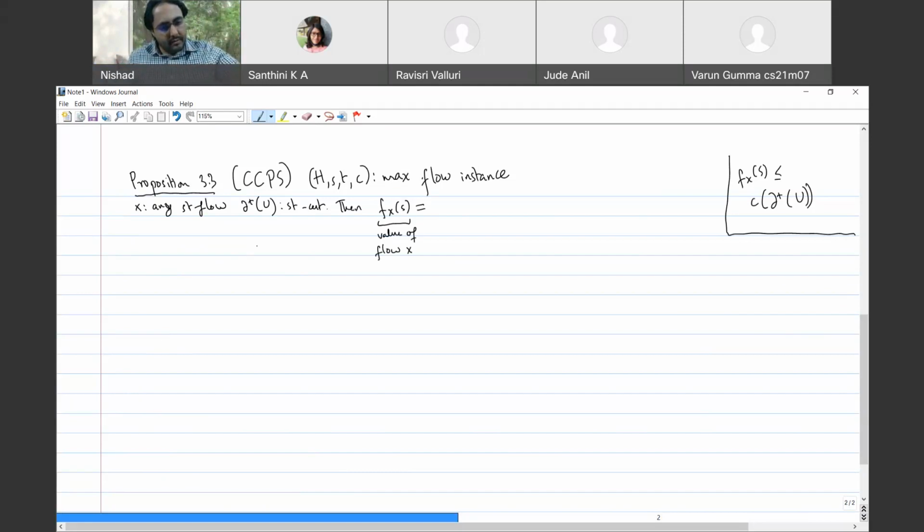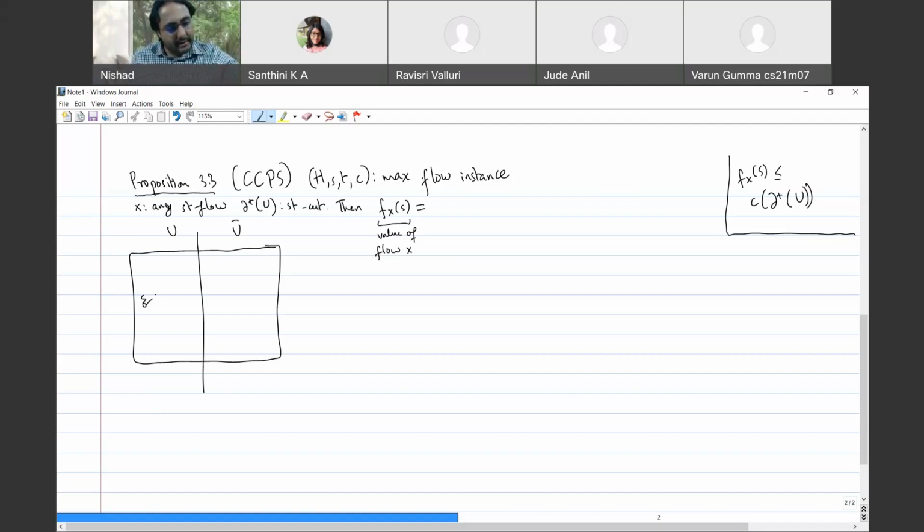All right, so just to give you a pictorial sense of what we are about to prove, what is f_x(s)? It is a sum of the x values on all these arcs which are outgoing from S minus the sum of the values of all arcs which are incoming to S. Right? In general, we may have such arcs. So that is how we defined f_x(s).